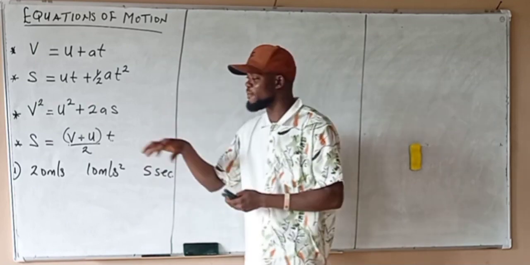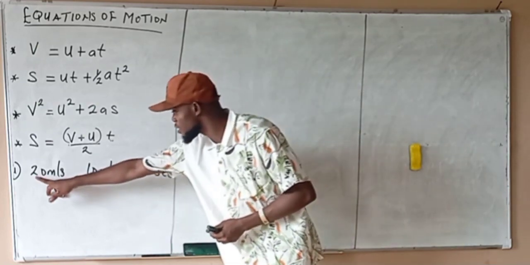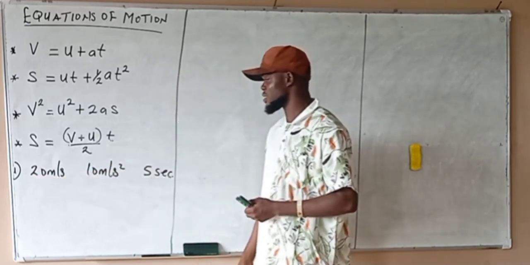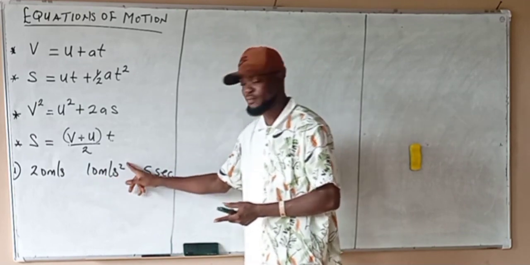I read again, what will be the final velocity of a car whose initial velocity was 20 meters per second and accelerated at the rate of 10 meters per second square in 5 seconds?